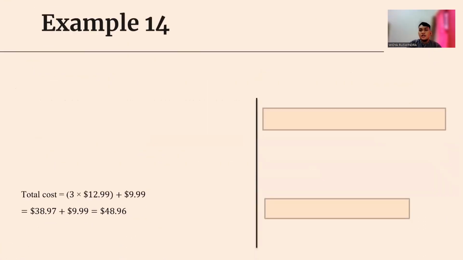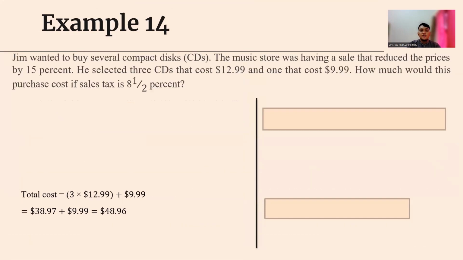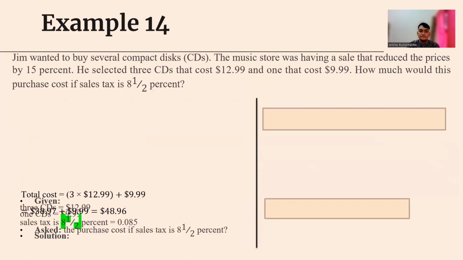Okay, example 14. Jim wants to buy several compact discs, or CDs. The music store was having a sale that reduced the price by 15%. He selected 3 CDs that cost $12.99 each and one that cost $9.99. How much would the purchase cost if sales tax is 8.5%?